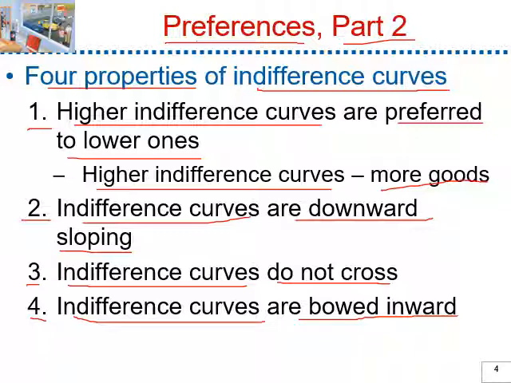The marginal rate of substitution usually depends on the amount of each good the consumer is currently consuming. In particular, because people are willing to trade away goods they have in abundance and less willing to trade away goods of which they have little, indifference curves are bowed inward.